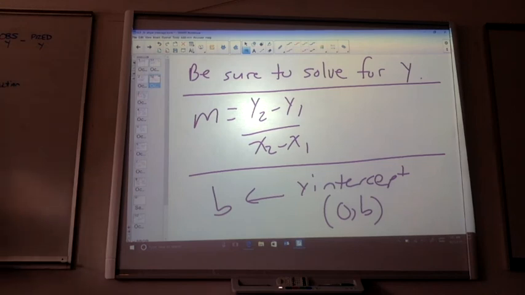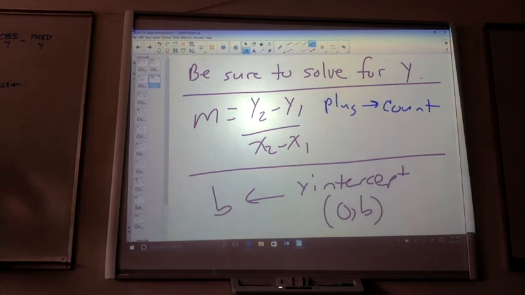So if you solve it for y equals, plot your b value first, and then count on your slope. Remember, on the slope, you could plug this in, or you can just count it. It's your choice. They're going to work both ways in this case.